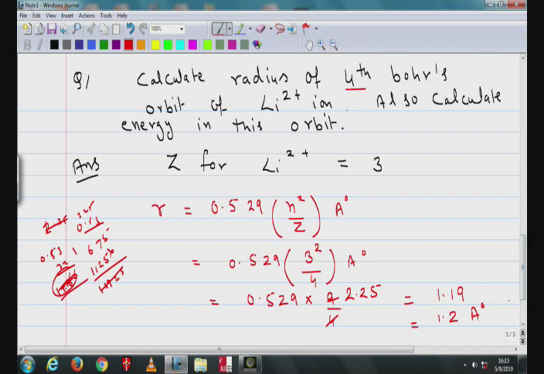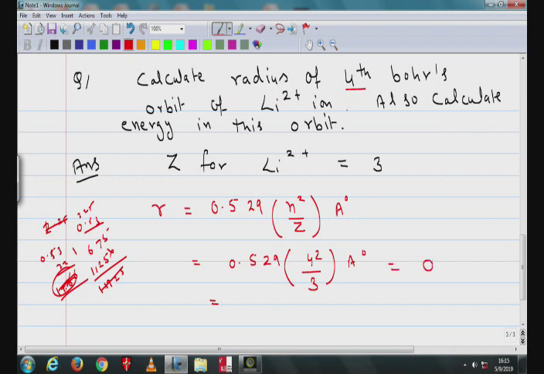Oh, wait. Oh, yeah. I have put the wrong values. Z should be 4. Yeah, I have put the wrong values, guys. Just 1 second. This one should be 4 square and this one should be 3.